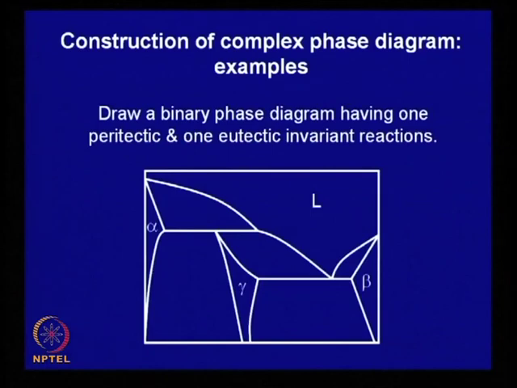In this particular case, this is pure A, this is pure B, this is liquid, this is one terminal solid solution alpha, and this is a peritectic reaction, alpha reacts with liquid giving you an intermediate solid solution gamma, and this is a terminal solid solution beta, and you have a eutectic reaction isotherm over here.